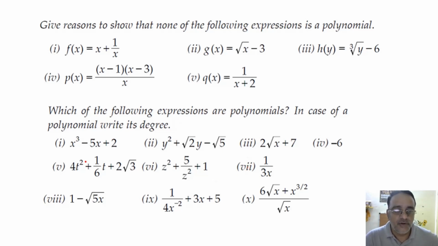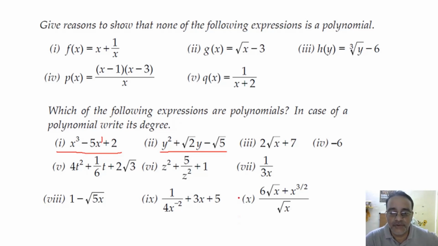Okay, so let us start with the first one, whether this is a polynomial. Yes, sir. Okay, because the power of x is non-negative integers. Now what is the degree of this polynomial? 3. Good, very good. Now whether this is a polynomial? No, sir.